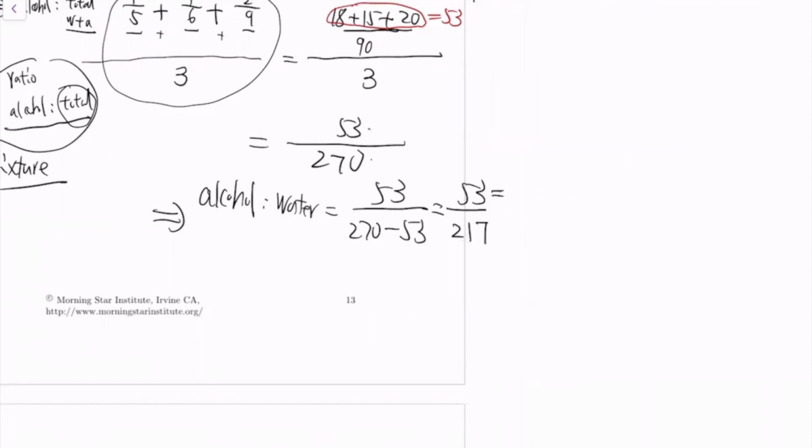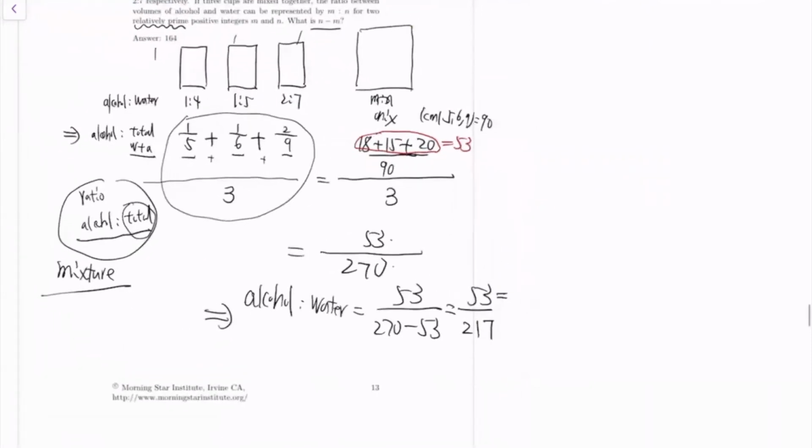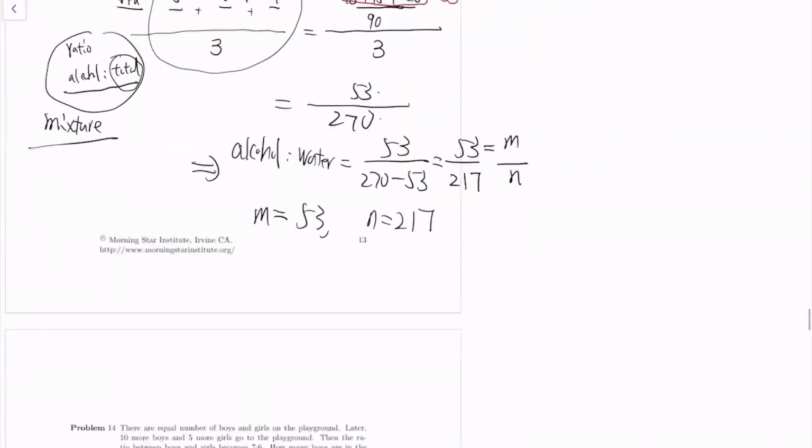So this will be the ratio we are looking for, m to n, right? So m equals 53 and n equals 217. Now what are we looking for? We are looking for m minus n, right? So m minus n will be 217 minus 53. So what we get is 164.